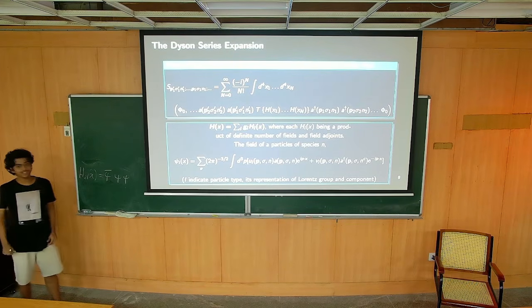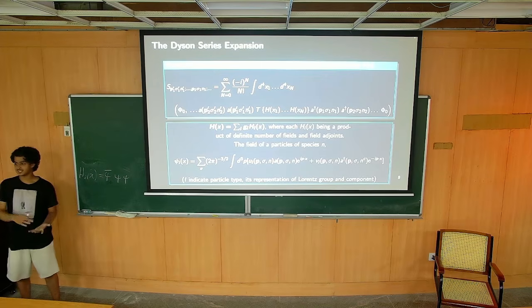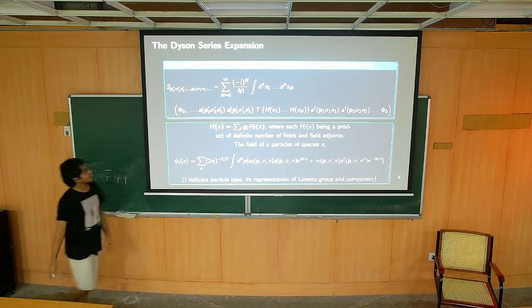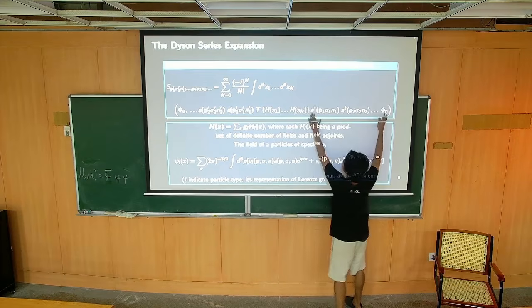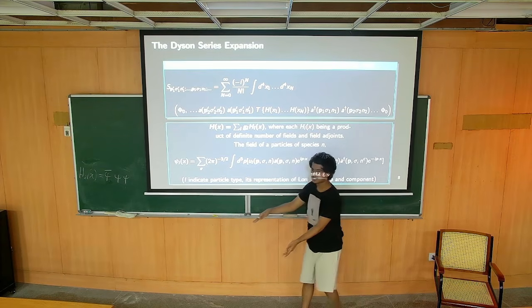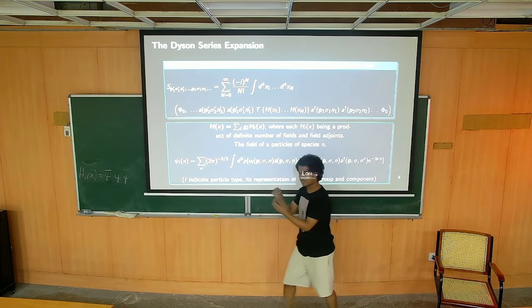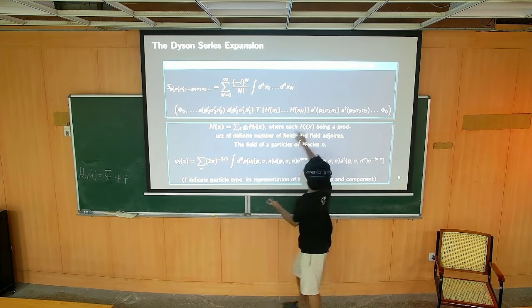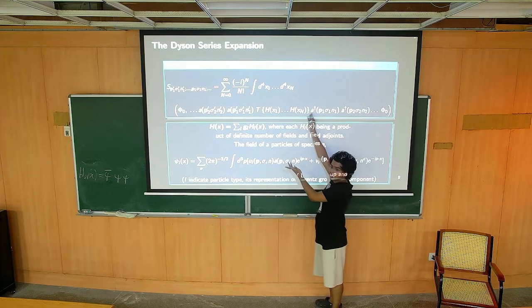So the Hamiltonian encodes the idea of the interaction. It makes the fields interact. The first Hamiltonian in time does its interaction first.